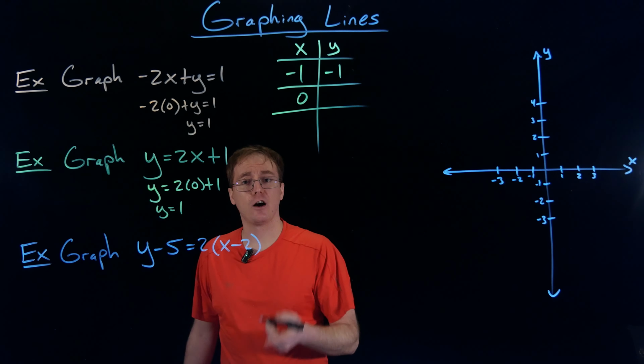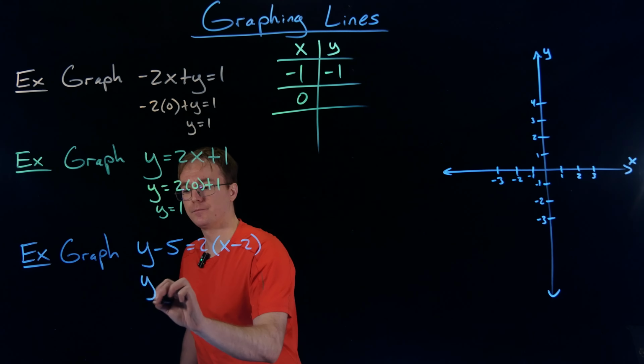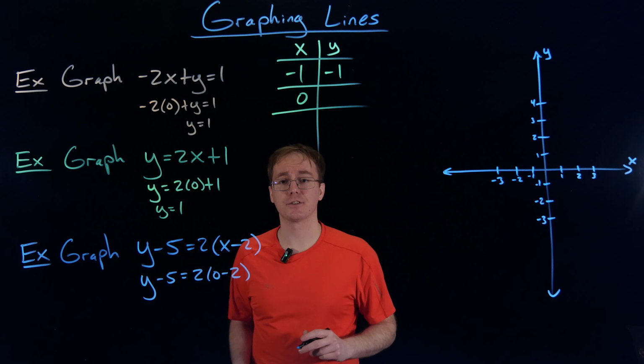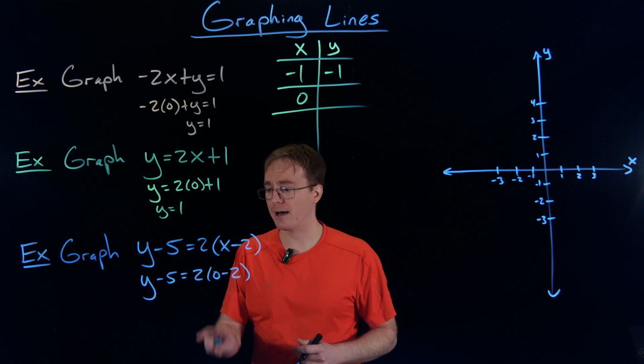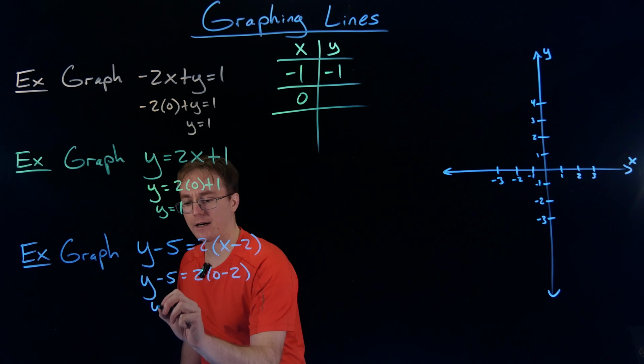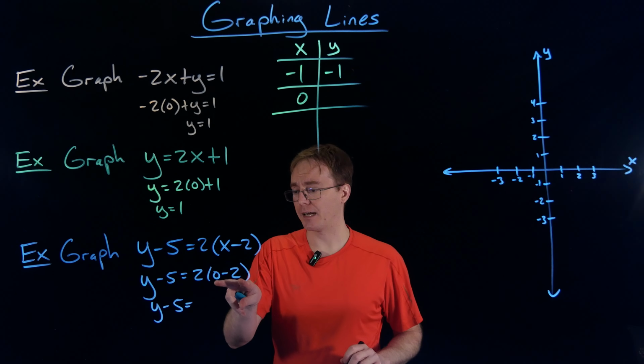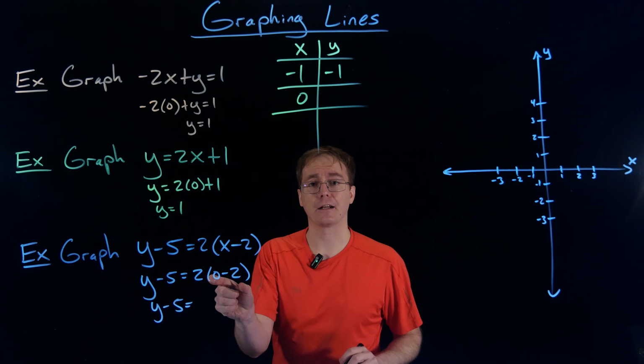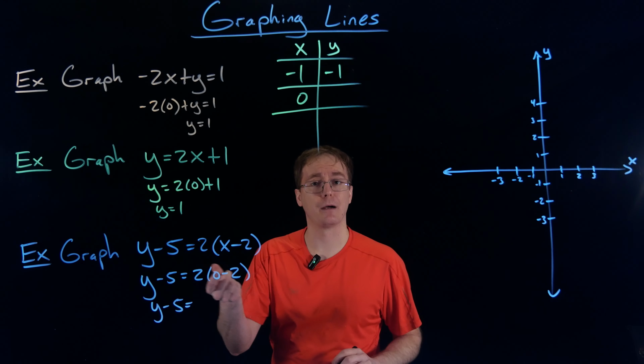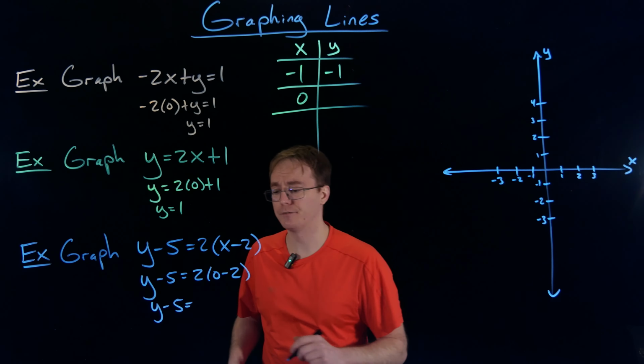Let's go ahead and finish this off with our third equation. So we're plugging in x equals 0 yet again. The left-hand side we're leaving as y minus 5 for now. But let's try to simplify that right-hand side just a little bit. 0 minus 2 is -2. So inside of these parentheses, that simplifies to a factor of -2, which we have to multiply by +2. +2 times -2 will give us -4.